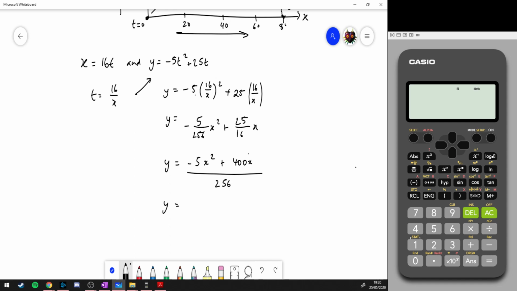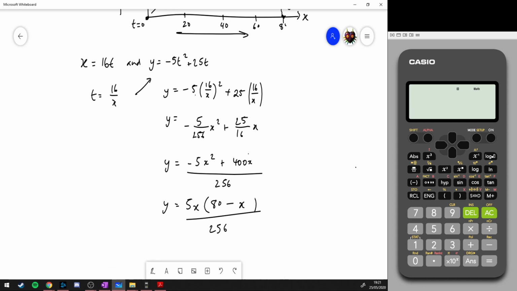Then factorizing the top, we get 5 on the outside, so 5x lots of 80, which is the 400x divided by 5x, minus x. So just rearranging that over 256, and that should be just x, not x squared.